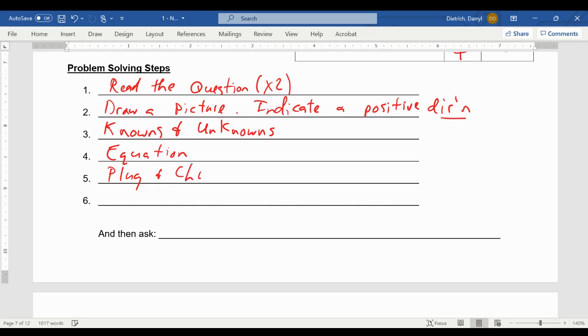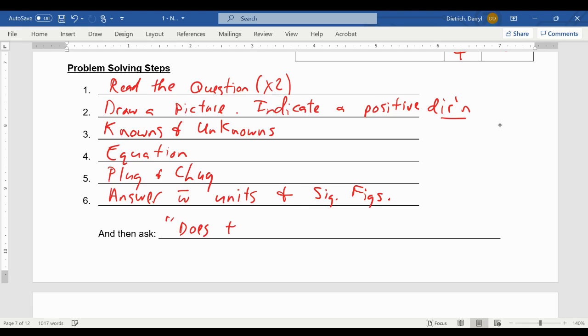Plug numbers into a calculator, let's chug out an answer, and then step 6, of course, is state your answer. We'll do that with units and correct sig figs.